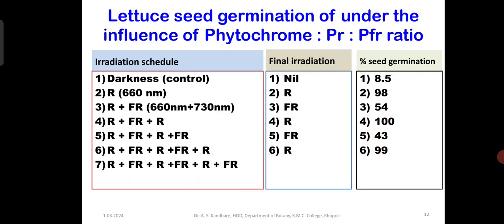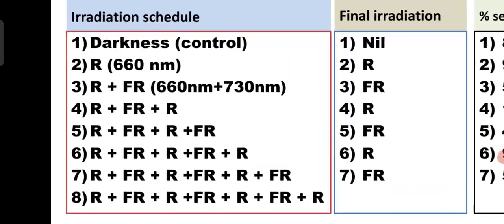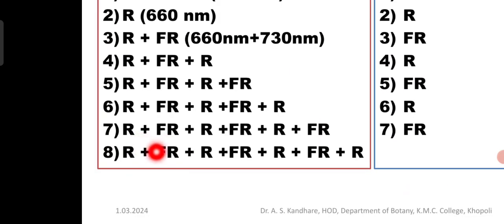Again here you can see red followed by far red, followed by red, followed by far red, followed by red, followed by far red. Final irradiation is far red. So again there is a fall in percent seed germination. And finally you can see red, far red, again red, far red, red, far red, red.